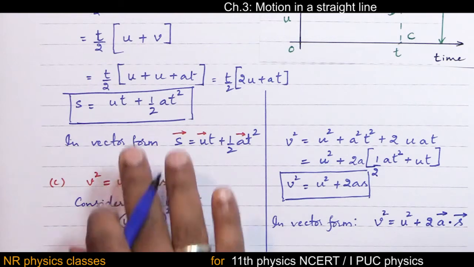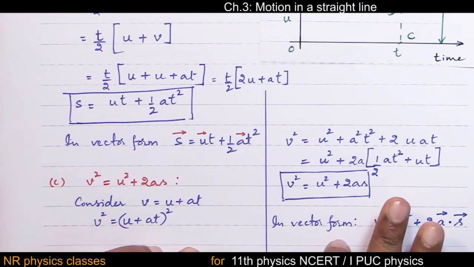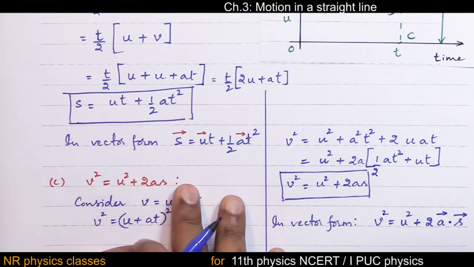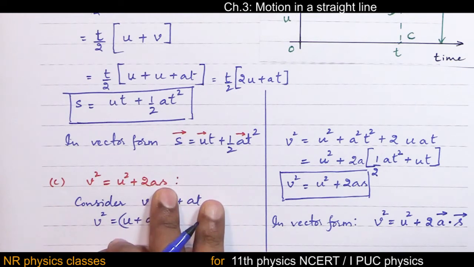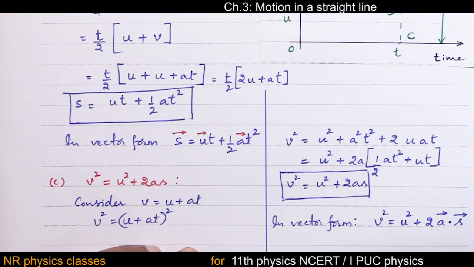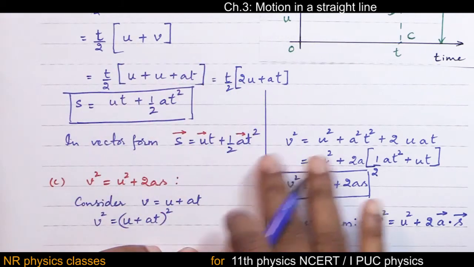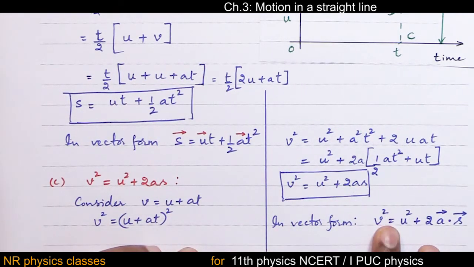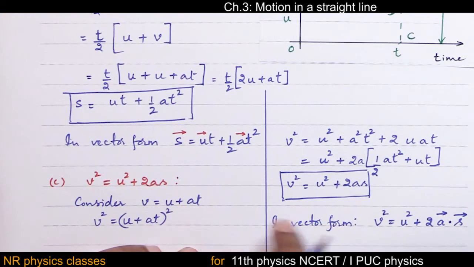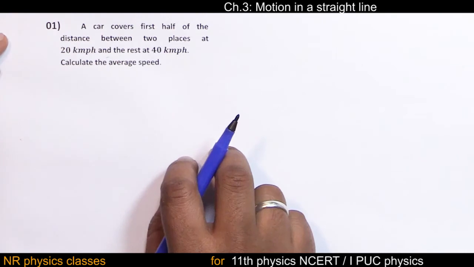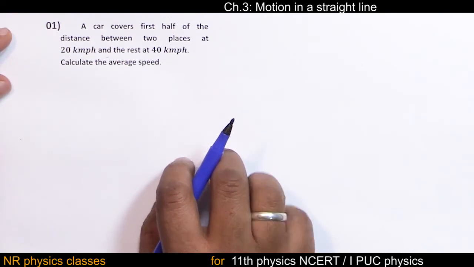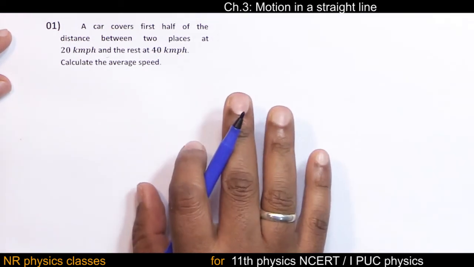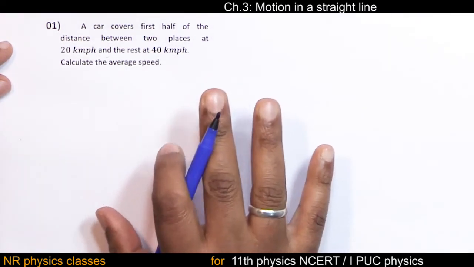Students, copy all the steps from this chapter. This is an important question for 5 marks. With the velocity-time graph, you have to derive all 3 equations. To be on the safer side, please write the vector forms of the equations. Let us solve a few basic problems based on the concepts and equations.